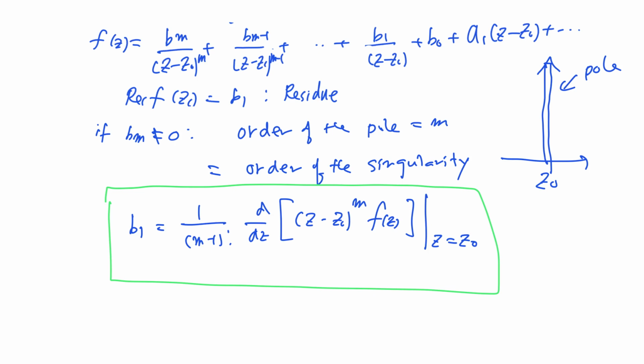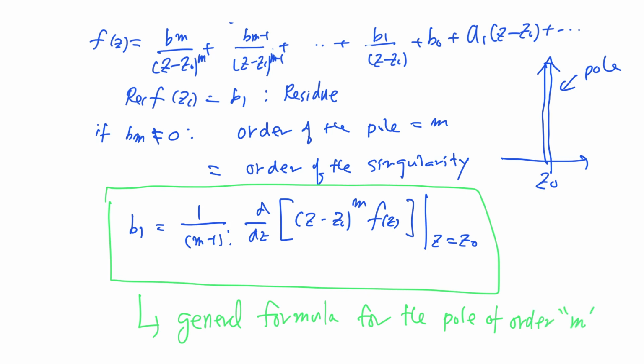There are some simpler methods when there is a simple pole. This is the general formula for a pole of order m.